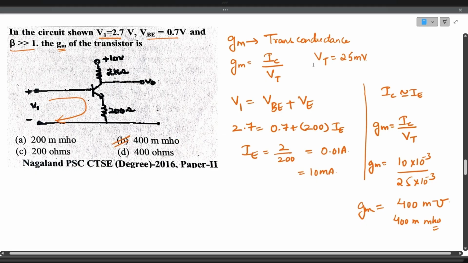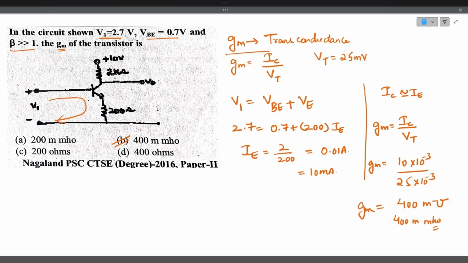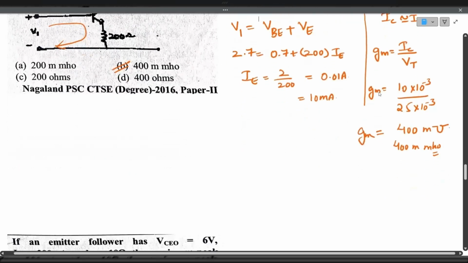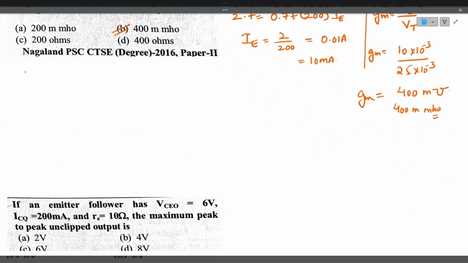For those who want the derivation of this transconductance formula, I'll explain how it gets derived. This is the transistor, and this is the collector current IC that is flowing.